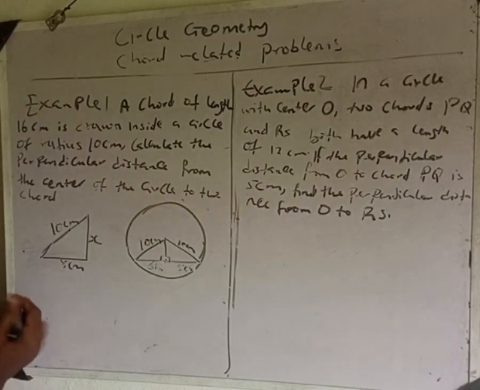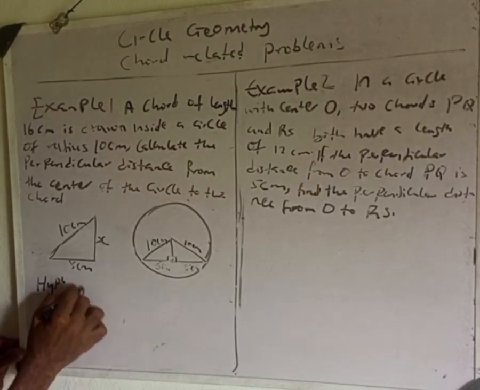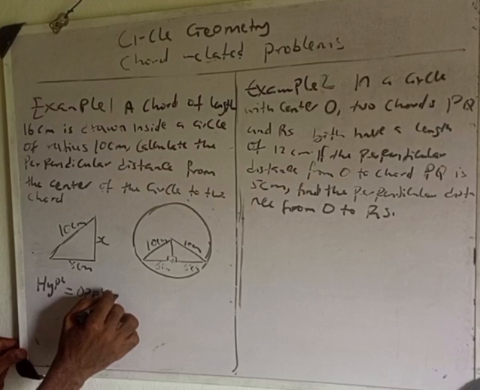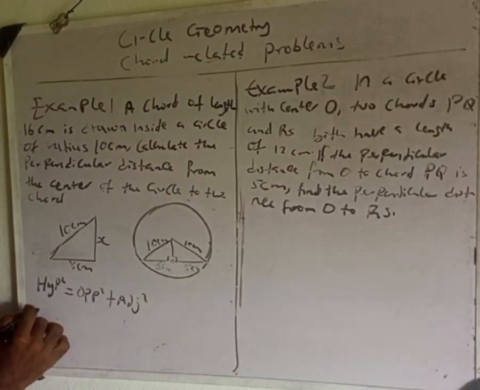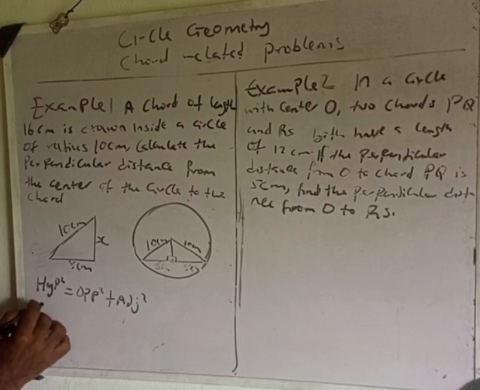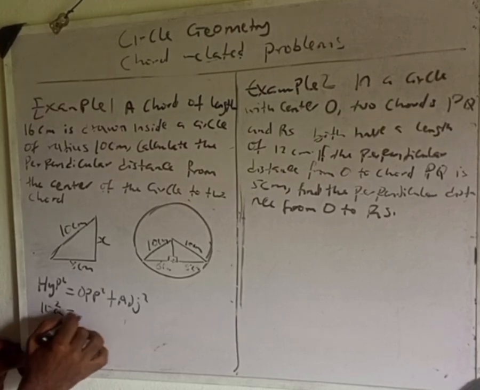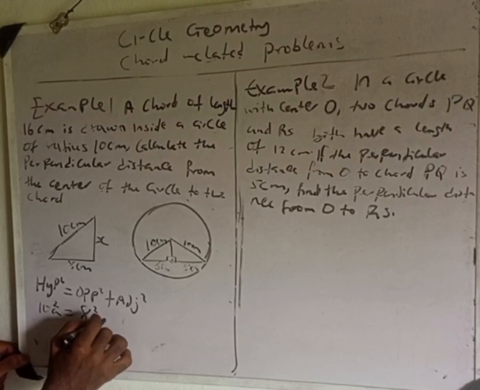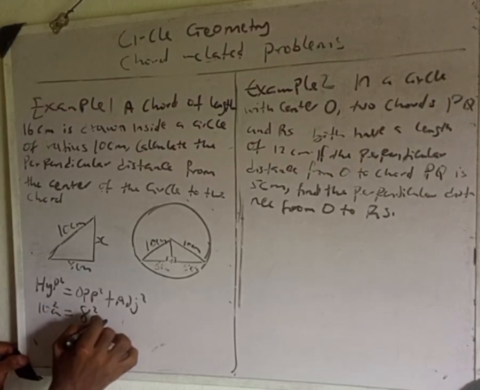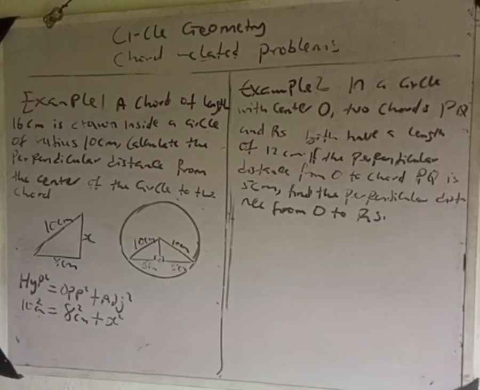So what we are going to be having is that hypotenuse squared is equal to opposite squared plus adjacent squared. We can also make it this way. 10 squared cm is equal to 8 squared cm plus x squared.